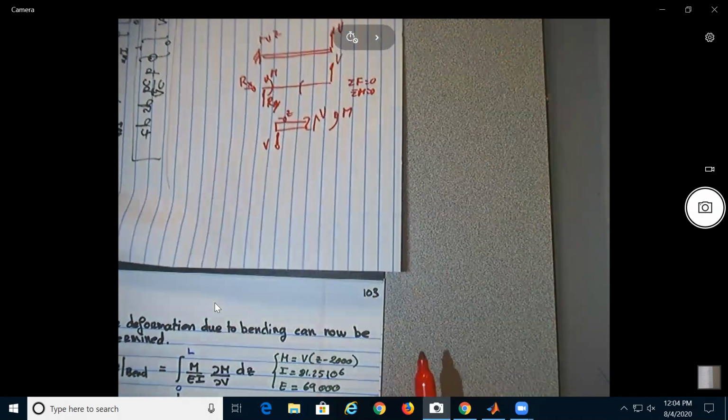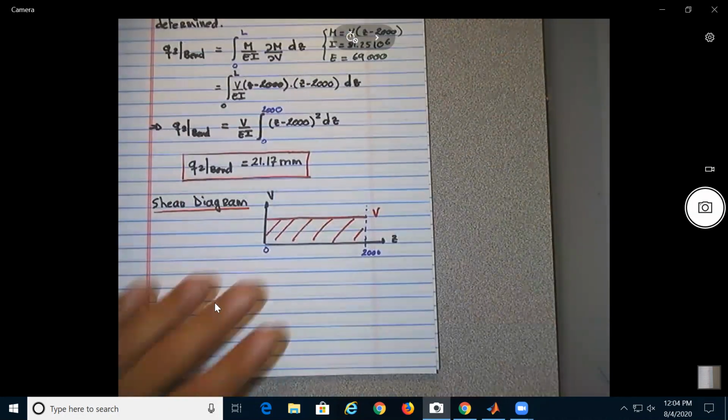All right, I'm not going to do it in detail. This is statics.